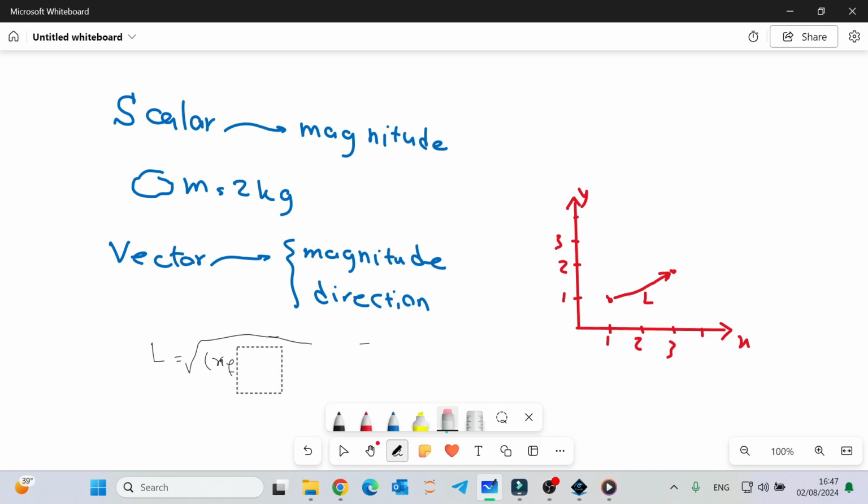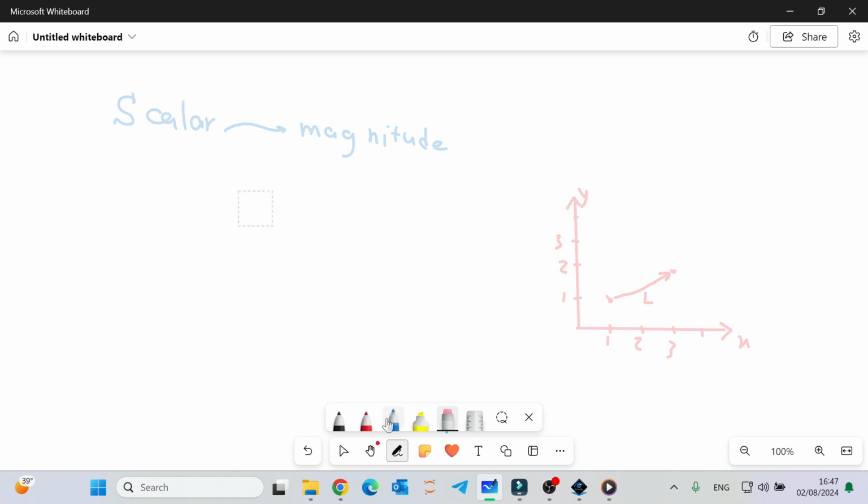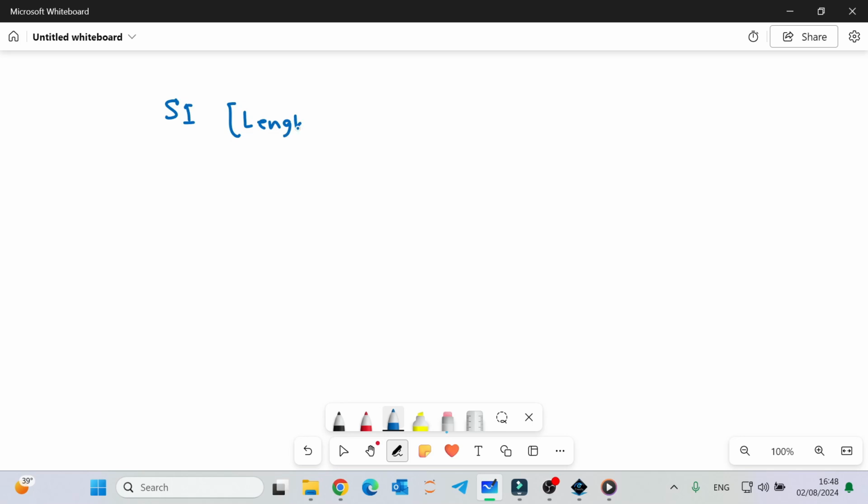So I want to wrap up our session. We've learned about dimensions in the SI system, which are length, mass, which is kilogram, and also time, its dimension is second.